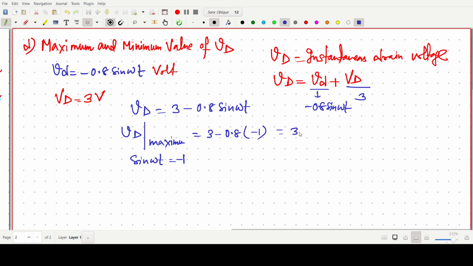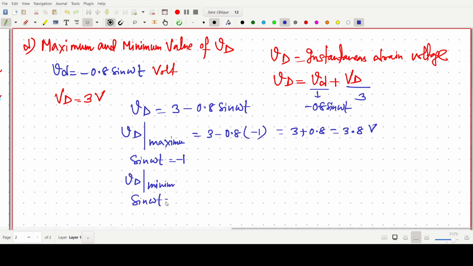So it should be 3 plus 0.8, 3.8 volt. And for vD minimum, sine omega t will be 1. So it should be 3 minus 0.8 into 1, so 3 minus 0.8 is simply 2.2 volt.